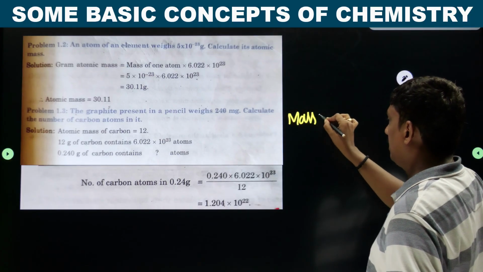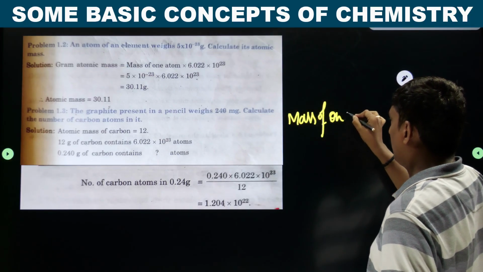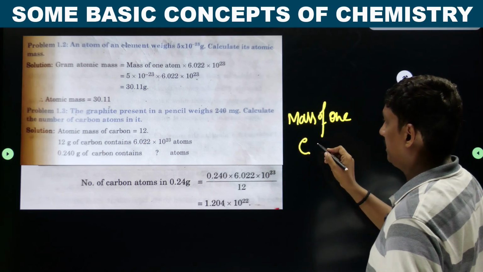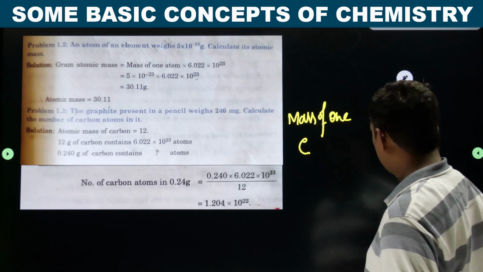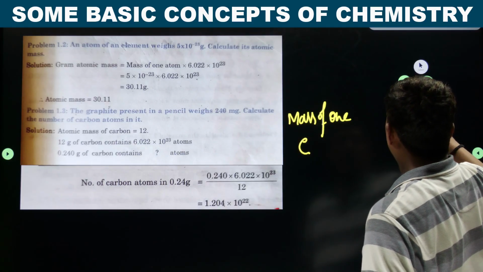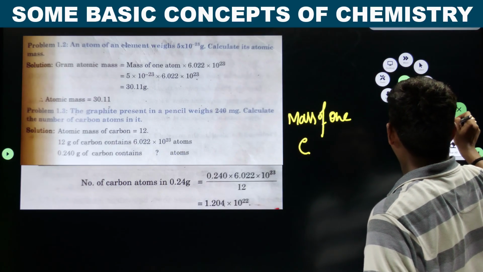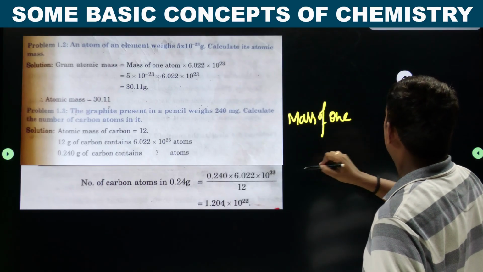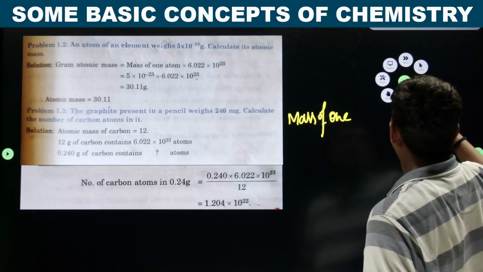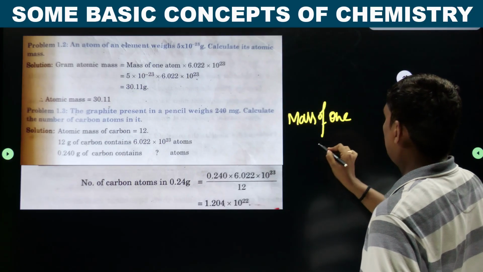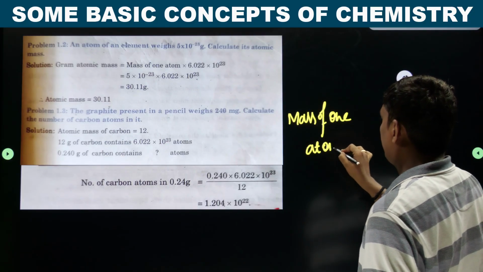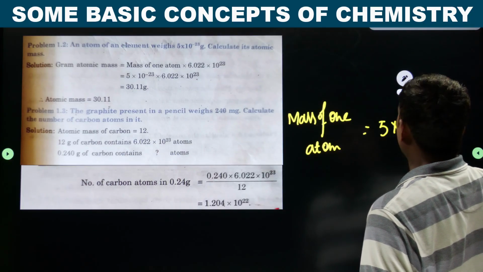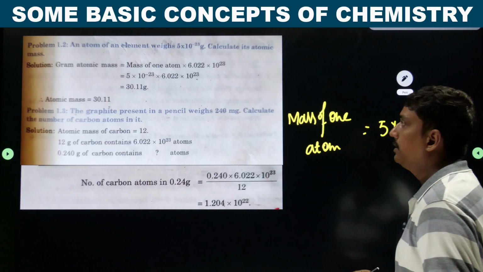First you write: mass of one atom is equal to 5 into 10 to the power minus 23.